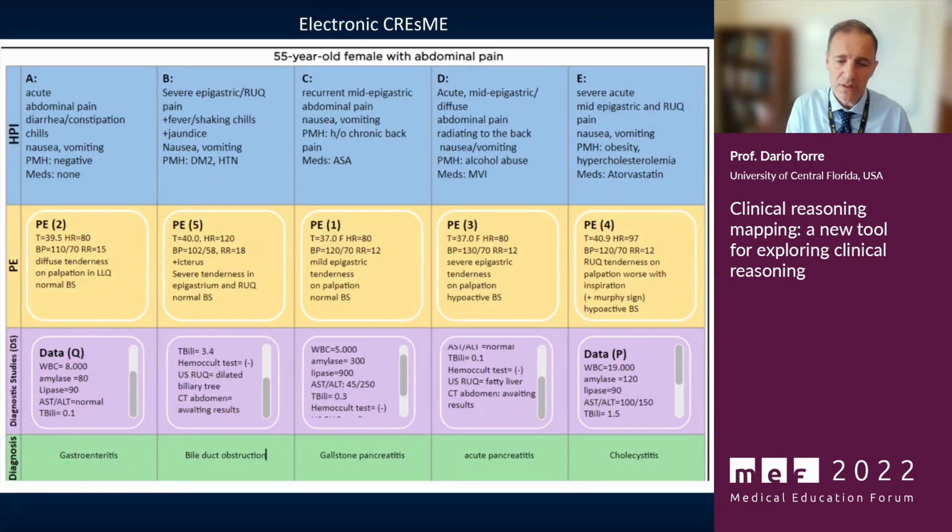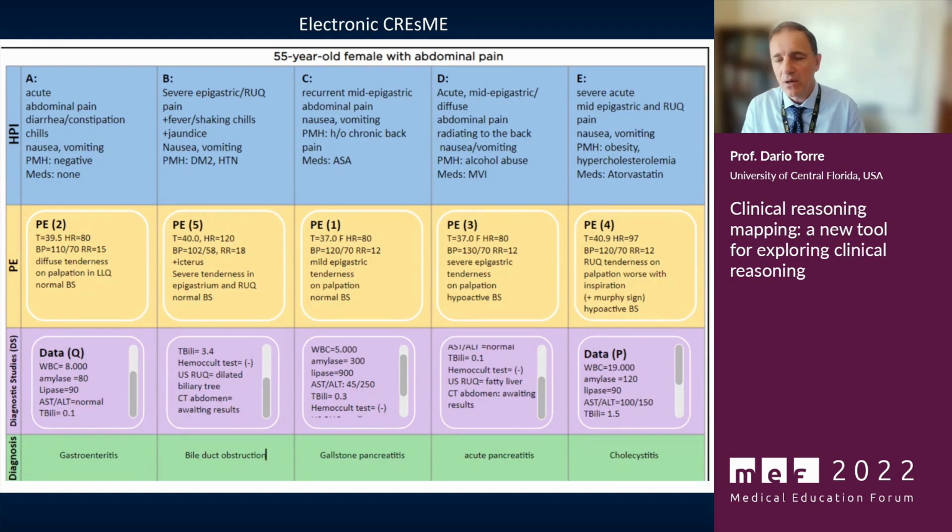This is actually very easy to score, and I think has promise in terms of having the students dealing with different diseases and comparing and contrasting different diseases with a similar presentation.